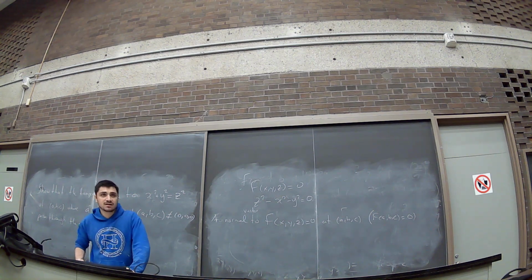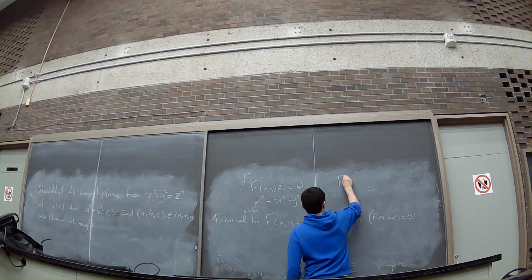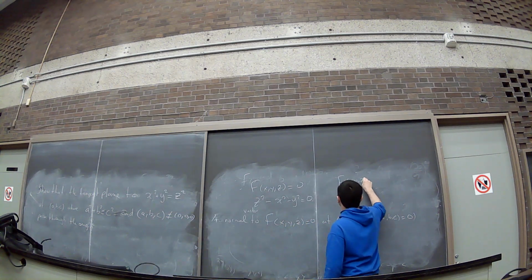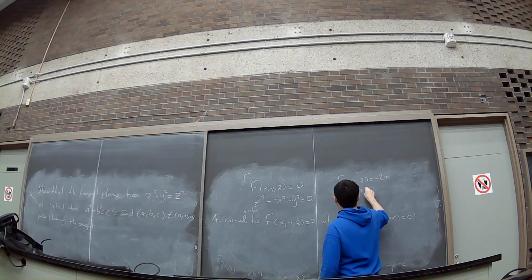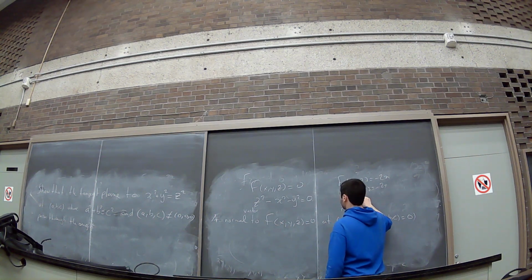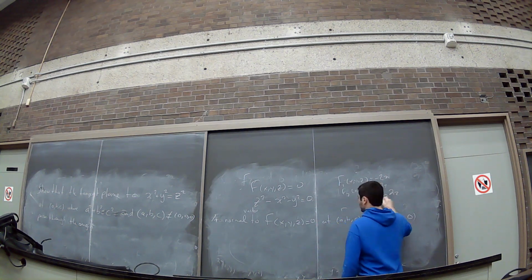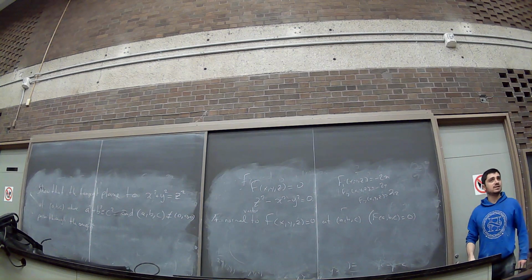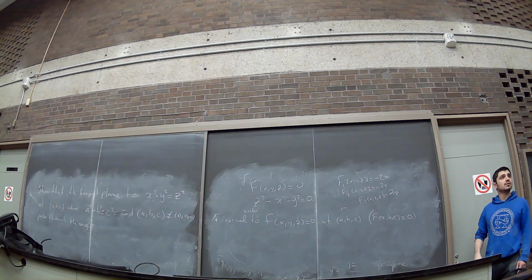What is f1 of x, y, z? Minus 2x. What is f2 of x, y, z? Minus 2y. So what's the normal to f(x, y, z) at the point (a, b, c)? It's f1(a, b, c), f2(a, b, c), f3(a, b, c), right?